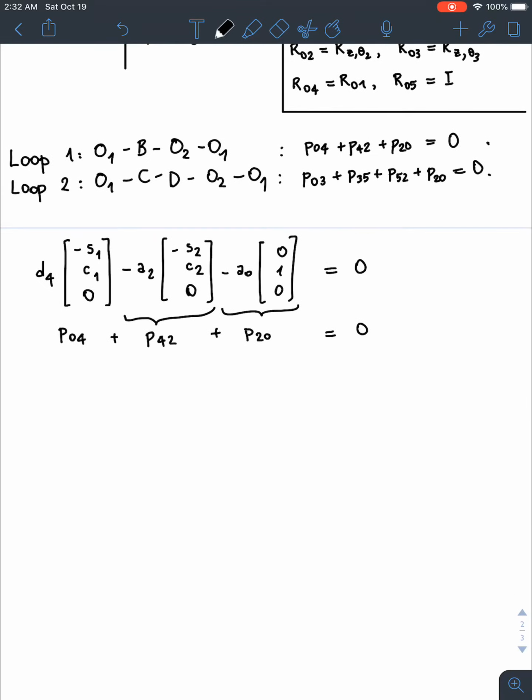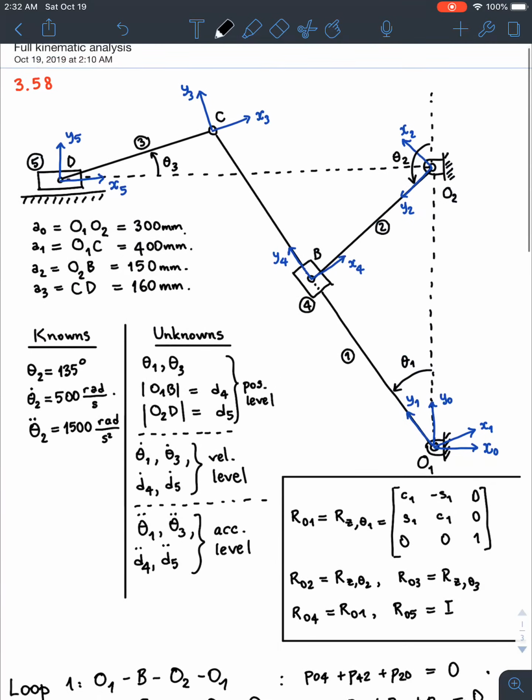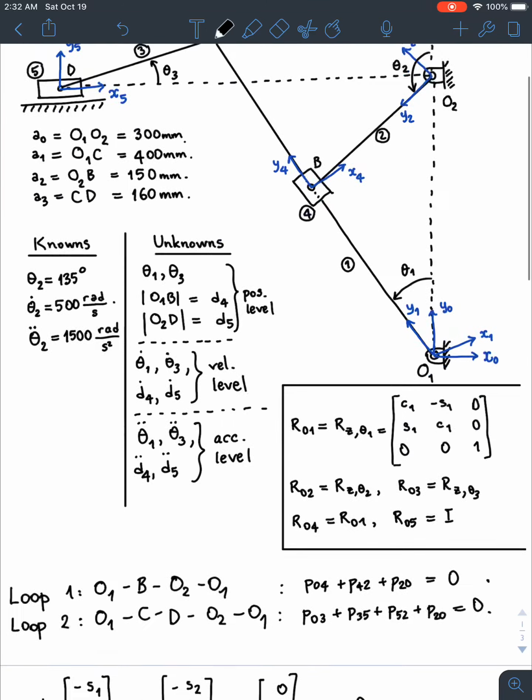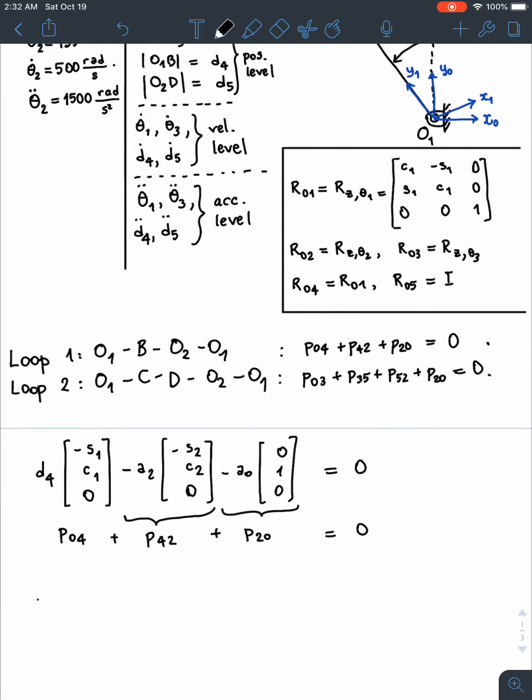Okay, and our second loop equation, you have to go from 0 to 3 first, which is from O1 to C. That is in the Y1 direction, and the distance we have to go is equal to what? A1. So this is going to be A1 times minus sine 1, cosine 1, and 0.